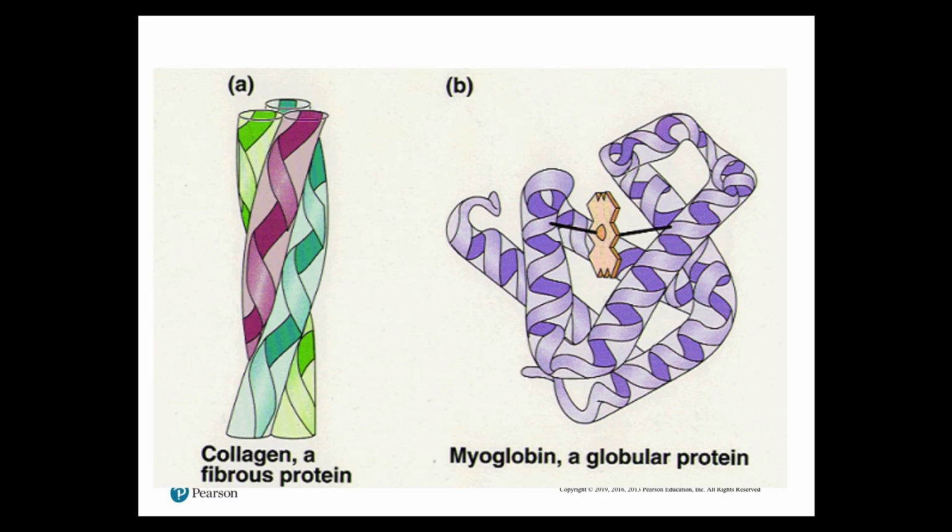Notice it's made up of 3 polypeptide chains, and hence it has quaternary structure. So this is an example of a fibrous protein, whereas the figure on the right is rounder or globular in shape. Myoglobin, that transports oxygen in muscle, is an example of a globular protein.